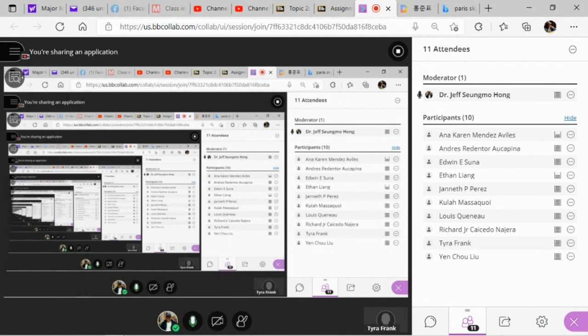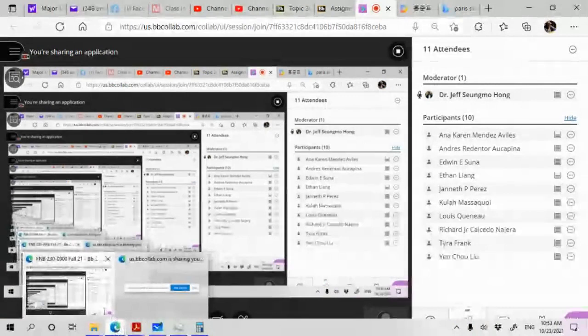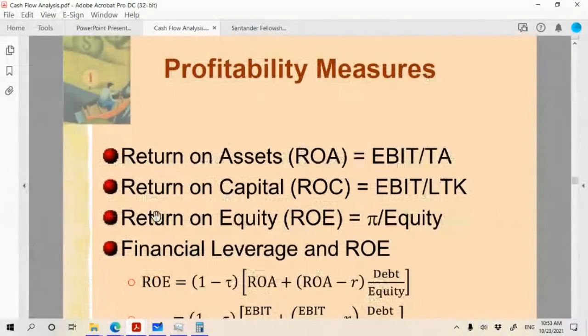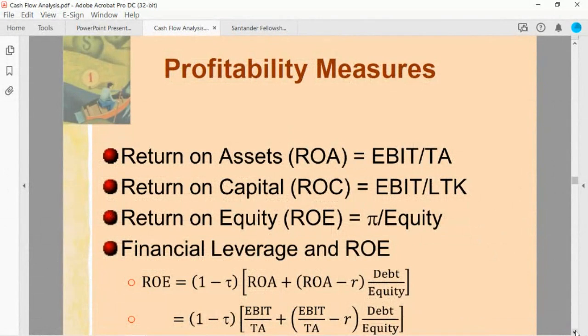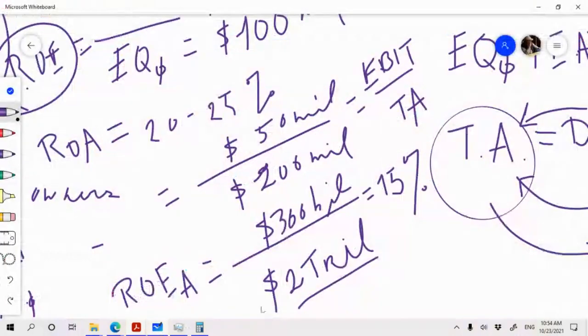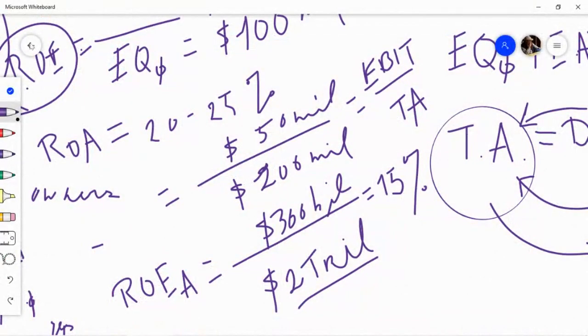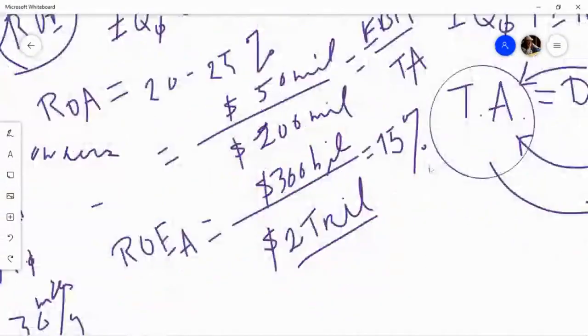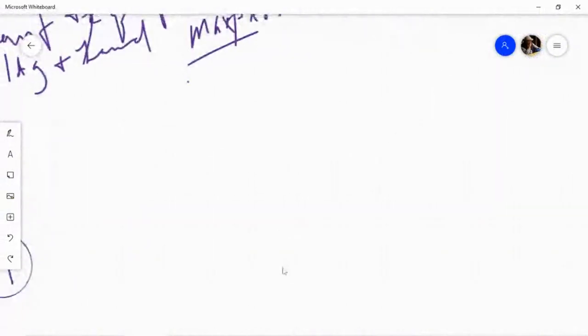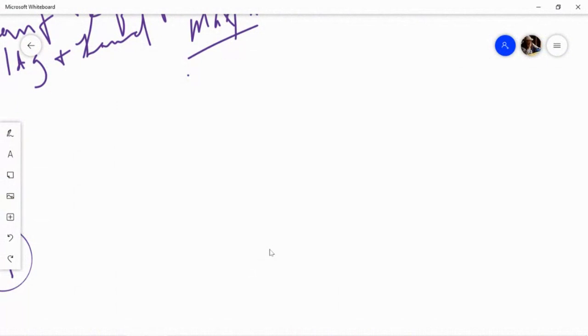All righty. So I would like to start, but before I do that, in ratios, there are 5 ratio categories.